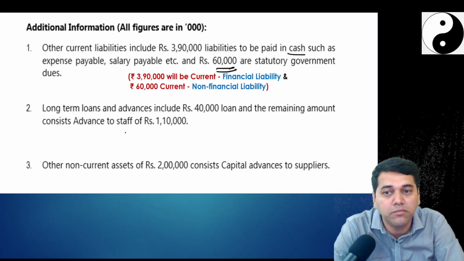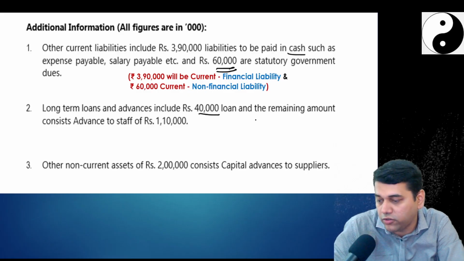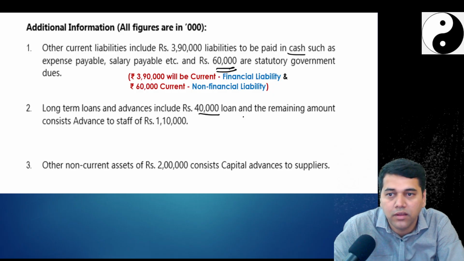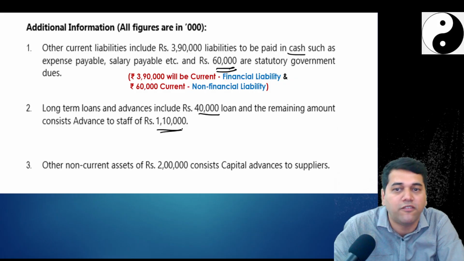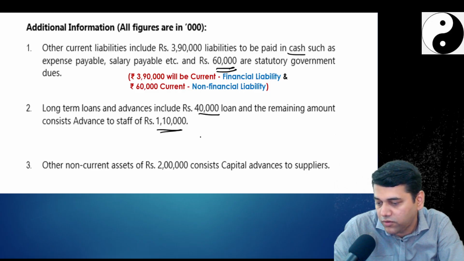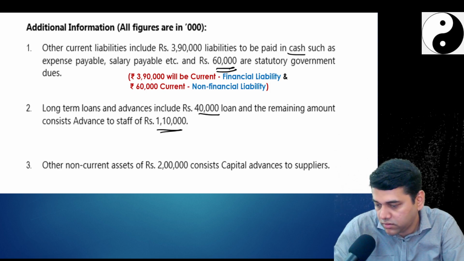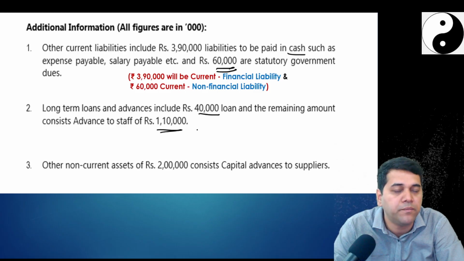Now the long-term loans and advances include 40,000 loan, and the remaining amount consists of advance to staff 1,10,000. Long-term loans and advances on the asset side is 1,50,000.